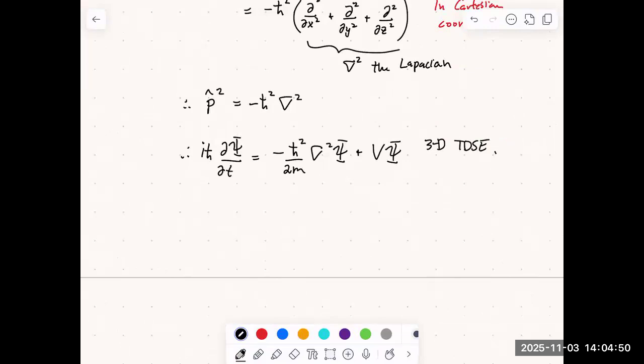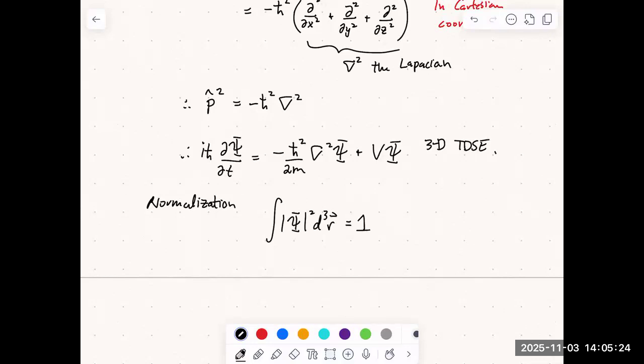One other note is that when we did normalization in 1 dimension, we took psi squared, the absolute square of the wave function, and integrated over all x. Now we have to integrate over all space, x, y, and z. And so our normalization requirement becomes that the square of the wave function integrated over all space has to be equal to 1.